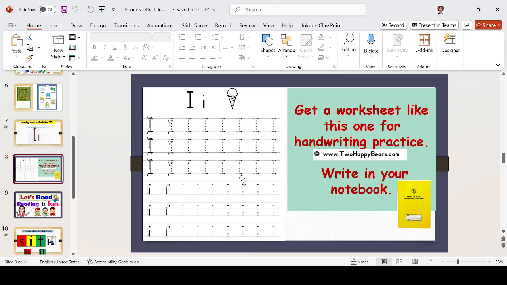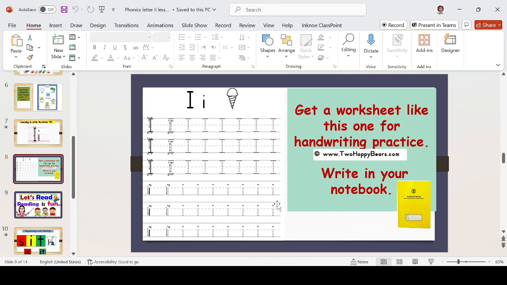They've got amazing worksheets for handwriting practice. First of all, we need to practice tracing the letter. When you are fine with tracing the letter, then you can write independently in your notebook like this.